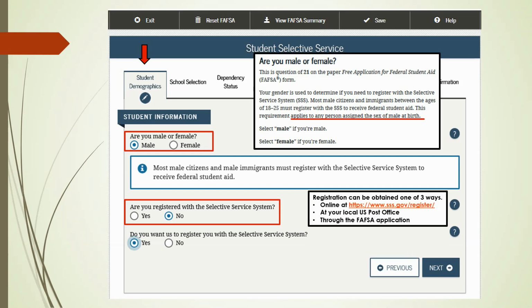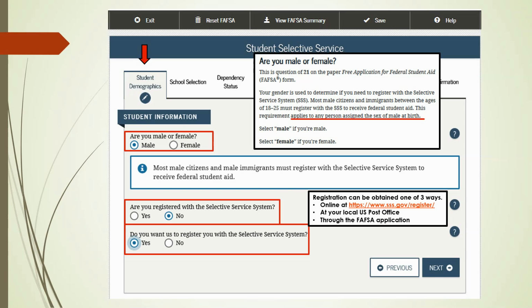There's a couple options on how to do that. So you can either register online at sss.gov/register, or you can go down to your local U.S. Post Office and sign up there, or you can also do it through the FAFSA application here itself, just by answering yes. Now this is only for males between the ages of 18 to 25 years old.